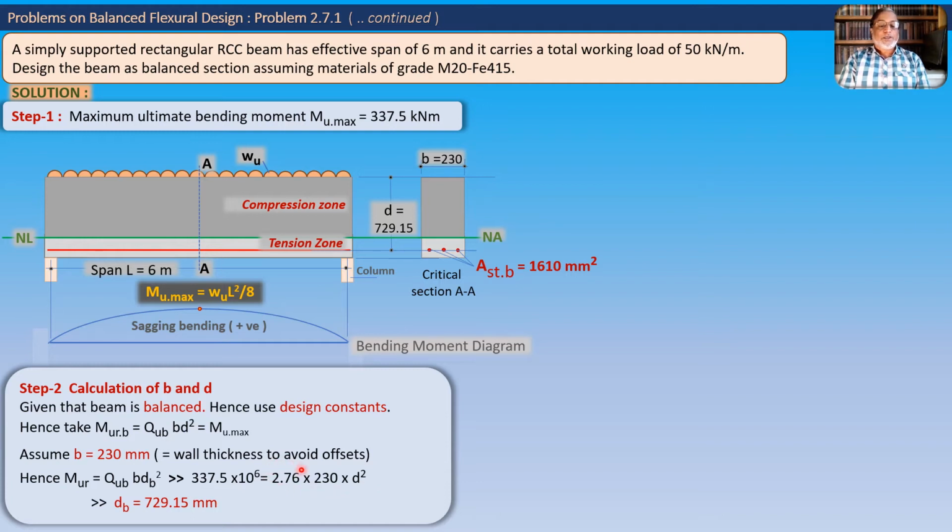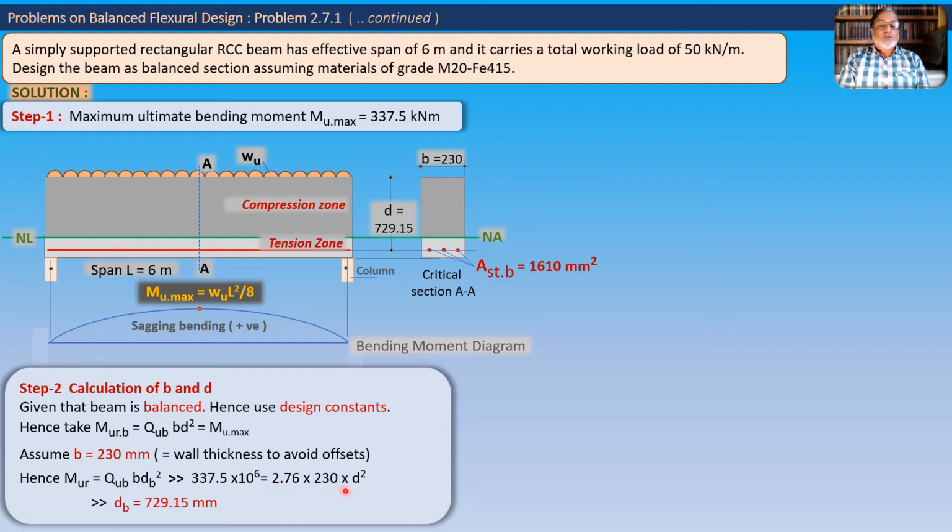We know this Qu b, the design constant, whose value is 2.76, has the unit Newton per mm square, whereas this value of bending moment was in kilonewton meter. So we have to be aware of the units, and accordingly we have to make numerical adjustments.